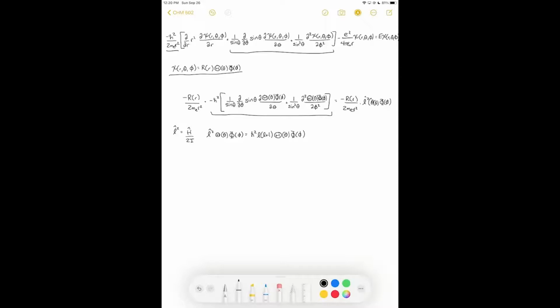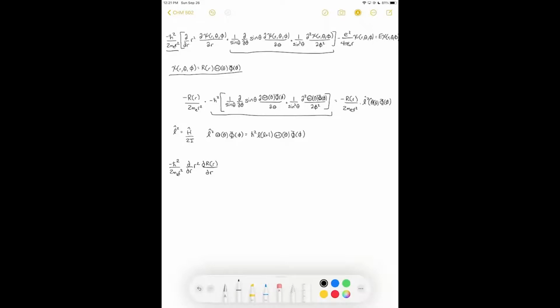So what we have after doing this is the following. We have negative h bar squared over 2m_e r squared times a single derivative with respect to r of r squared times the derivative of our r function with respect to r.